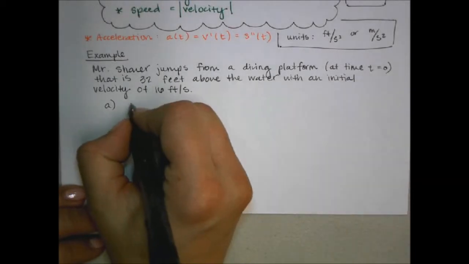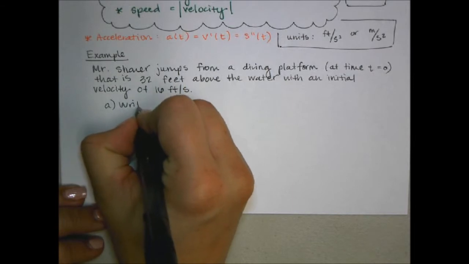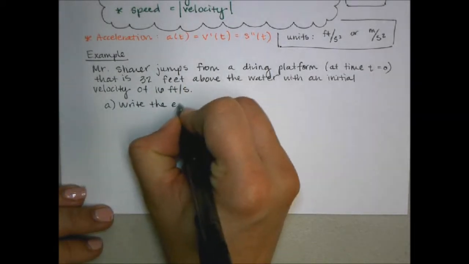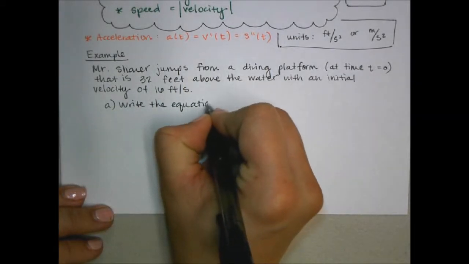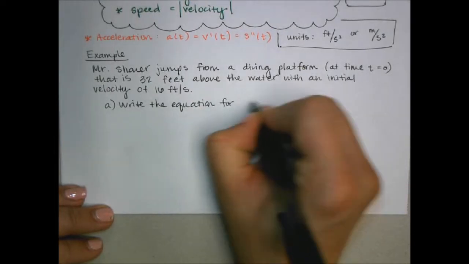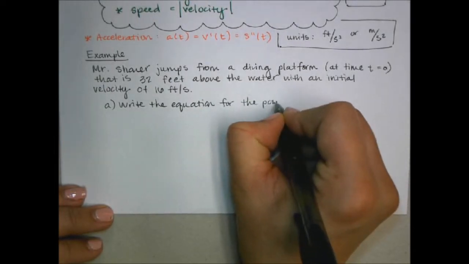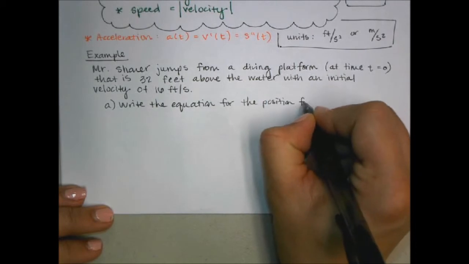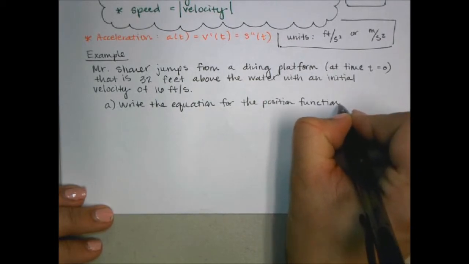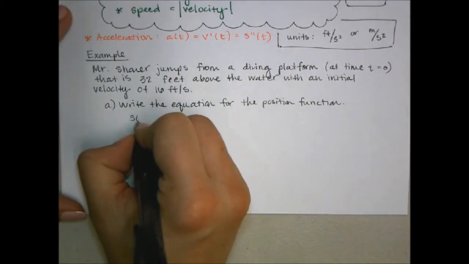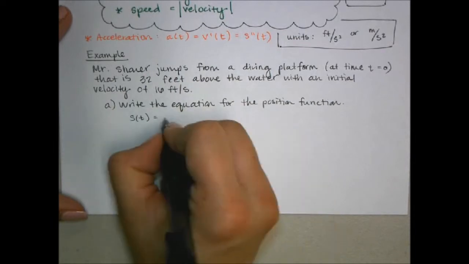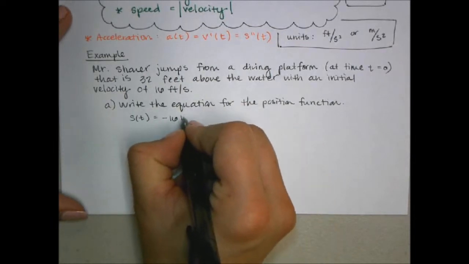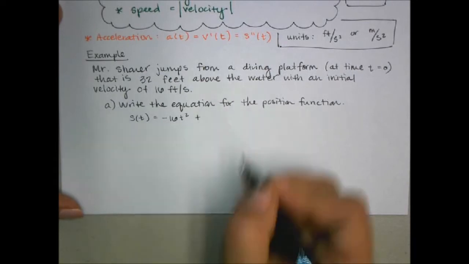So we're going to start with, write the equation for the position function. So I'm going to name it S of t is equal to negative 16t squared, so what we'll lead off with, plus v naught t.